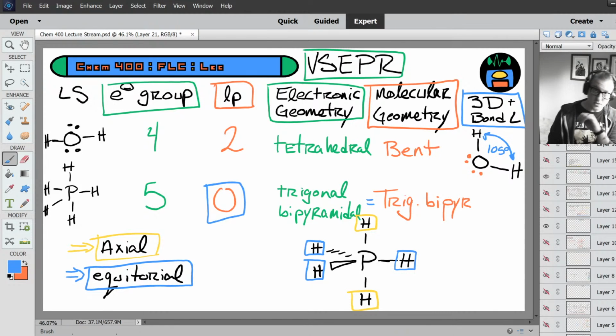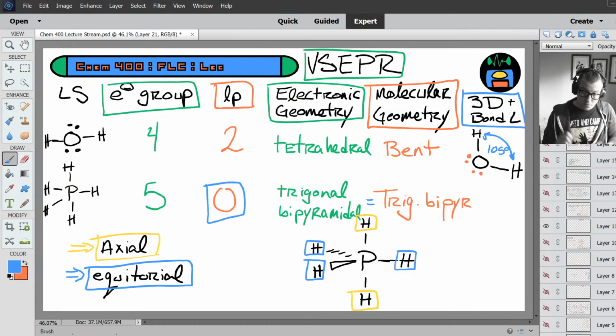You've got axial, you've got equatorial. The reason they're called these is that if you looked at this molecule and imagined it was like the planet Earth, those two H's would be sitting up on the axis, where the North Pole and South Pole are. And the three equatorial hydrogens are all around where the equator of the molecule would be. So you've got your axial, right there at the poles, and you've got the equatorial around the equator.